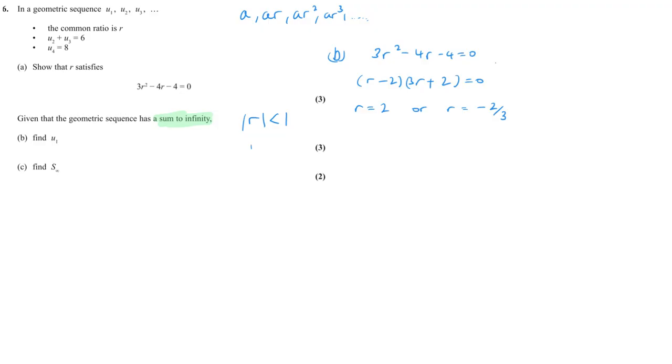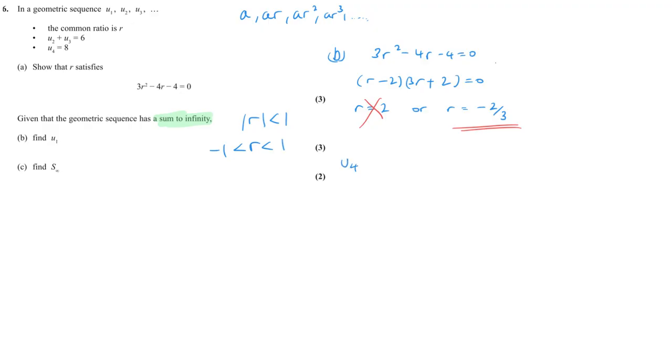So that means that R is between 1 and minus 1, which means R equals 2 is not our value. R equals minus 2/3 is. And that bit of information is key, and so many candidates overlooked it.